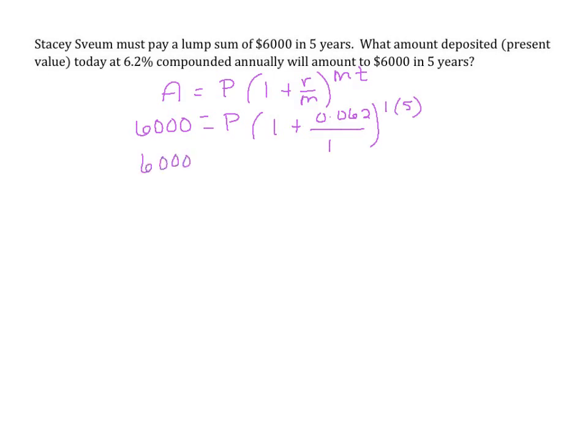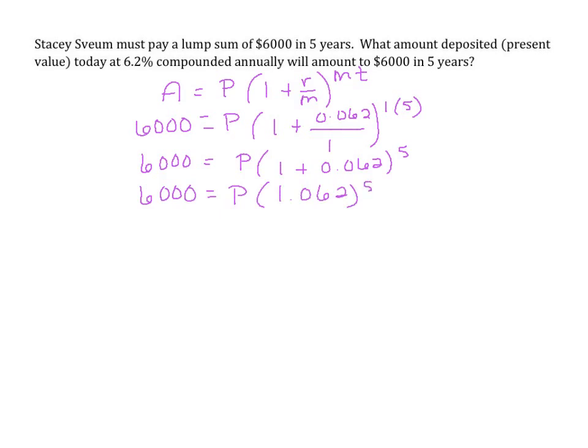So 6,000 equals P times 1 plus 0.062 to the 5th power, which is 6,000 equals P times 1.062 to the 5th power.